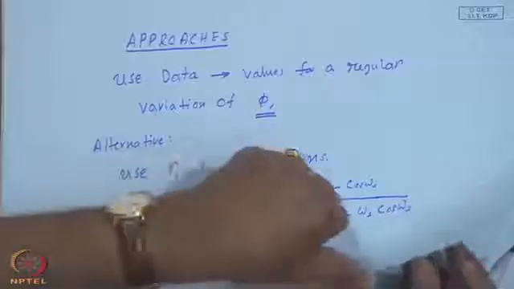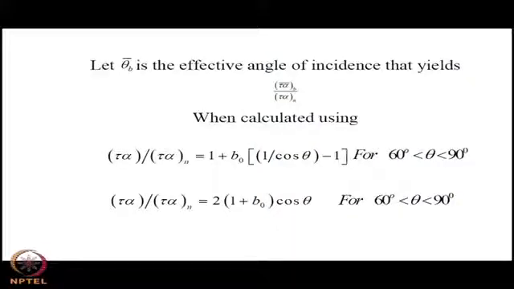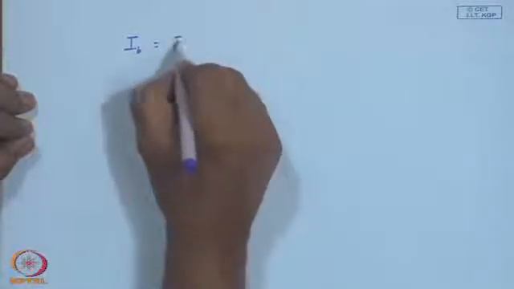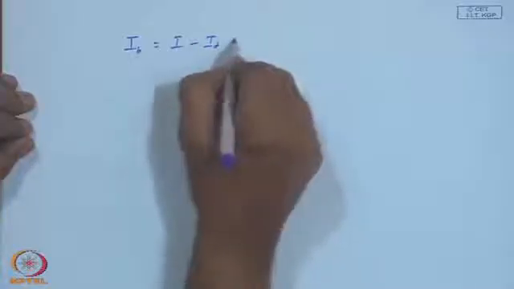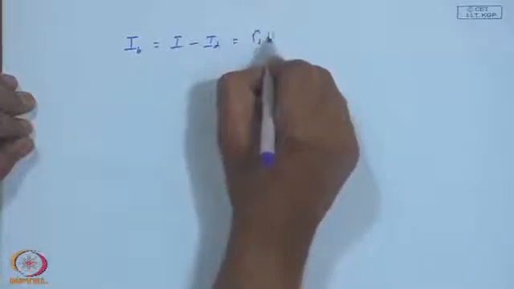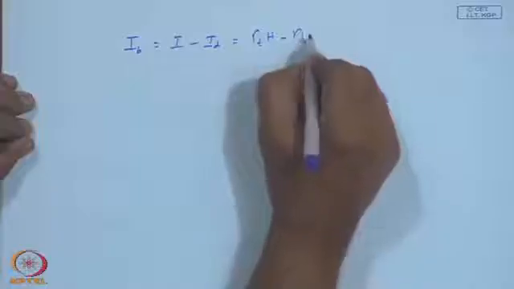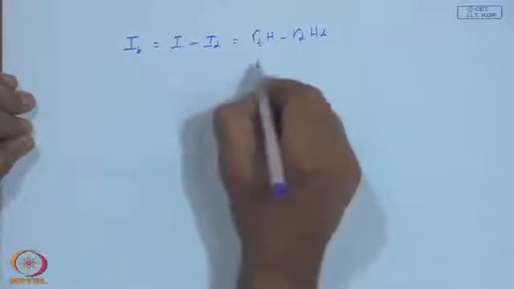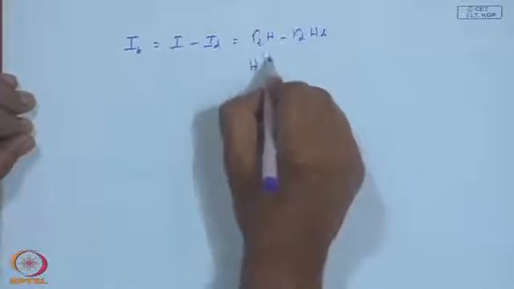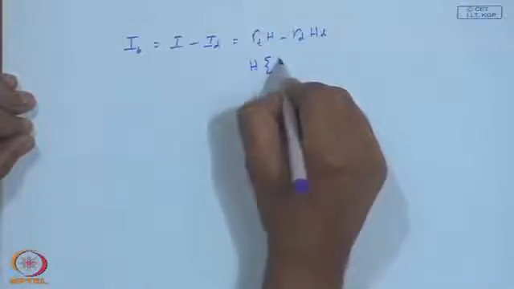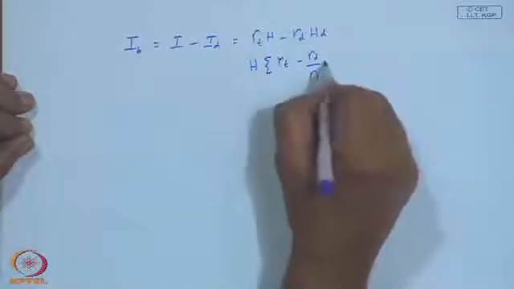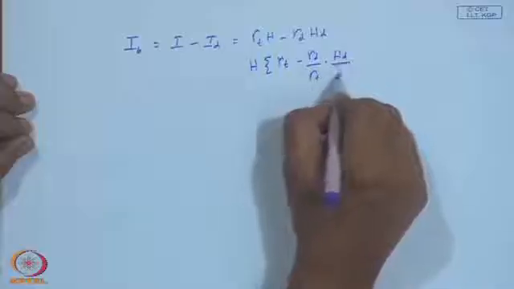So, I b, as we had done earlier, I minus I d is R t into h minus R d into h d, or one might write it as h times R t minus R d by R t times the diffuse fraction h d by h.